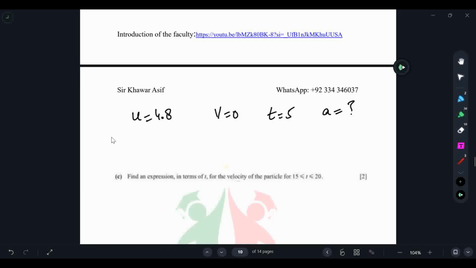We can use the equations of motion. So v equals u plus at. Now we can use this to find the acceleration. So v is 0, u is 4.8, plus a times t, where a is unknown and t is 5.